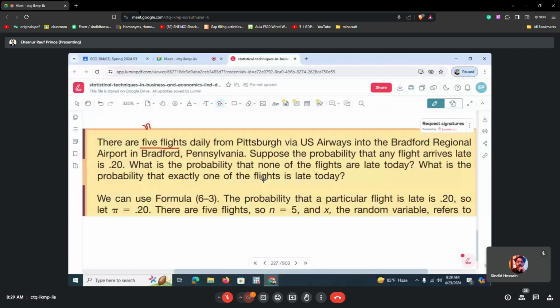Suppose the probability that any flight arrives late is 0.20. Look at the second line again. They are talking about a probability. In the binomial distribution formula, we have only one component which illustrates the probability. Which one?